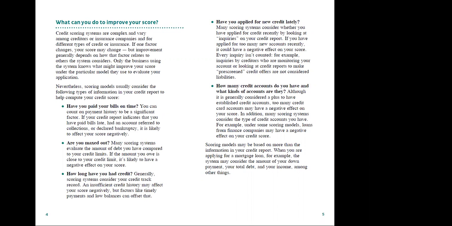And then, have you applied for new credit lately? And this is something I do want to bring up. If you're trying to buy a house, please don't buy a car beforehand. If you've been working on your credit and you got it just where you want to be, and I see this time and time again, someone will go buy a car for $800 a month.